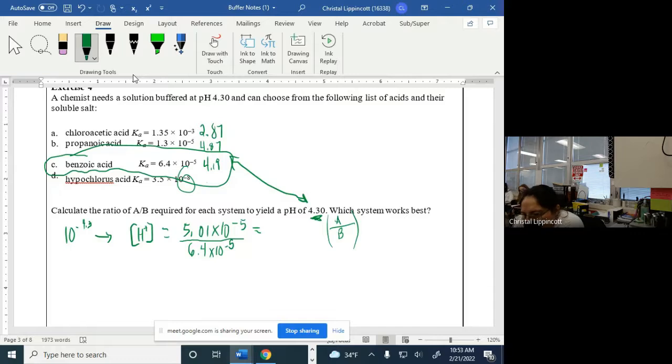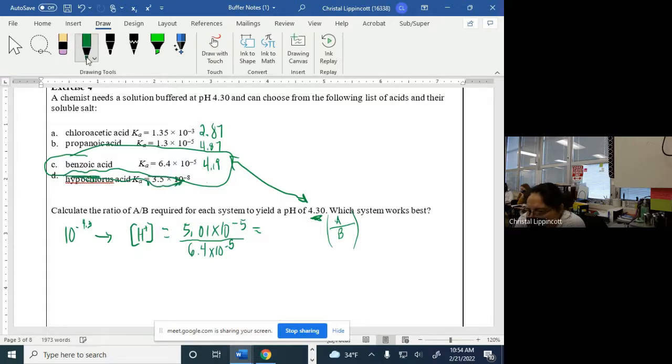And then I put that equal to the Ka that we selected. So we took all of these Kas and turned them into pKas, except for the last one. We could tell from looking at that one, it was 10 to the negative 8. That's going to be way out of the ballpark, so I just eliminated that one.